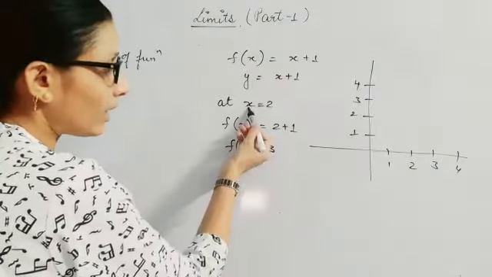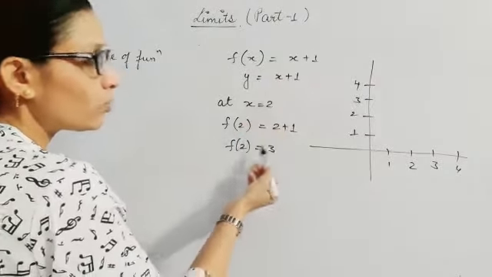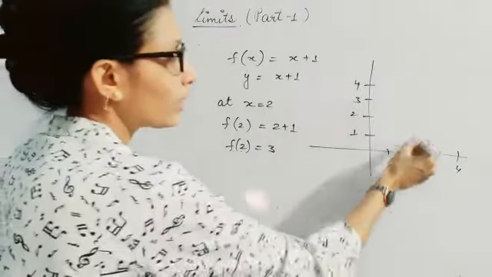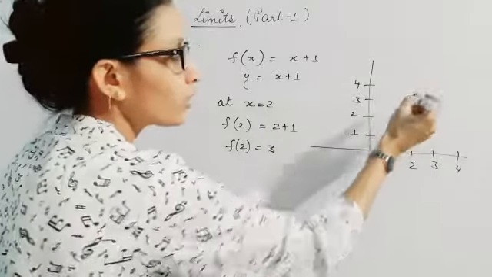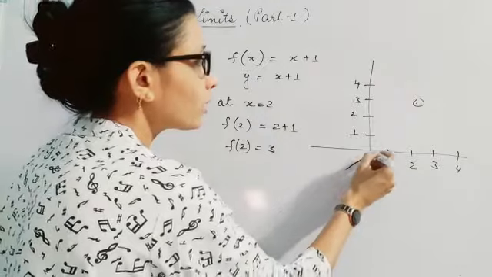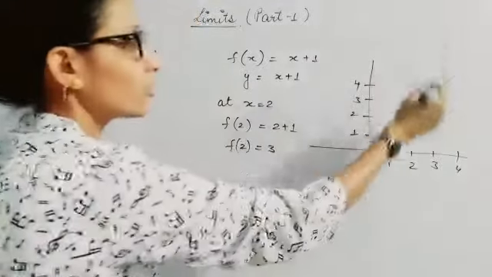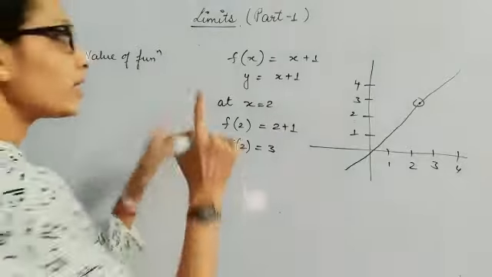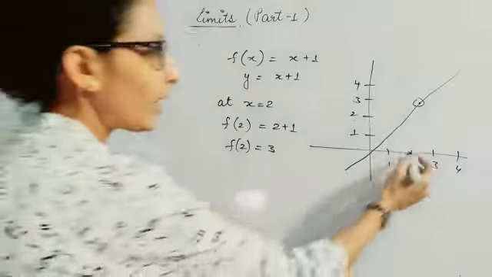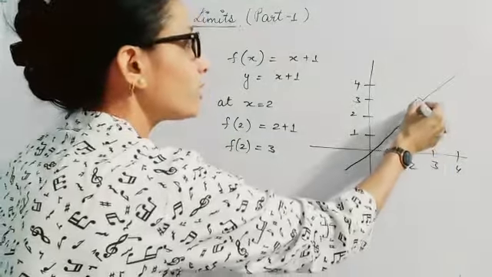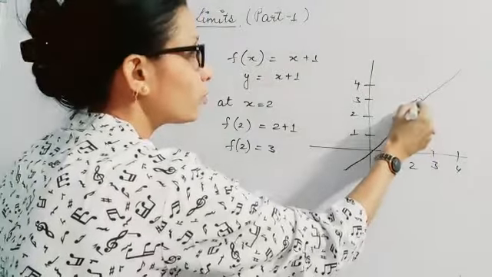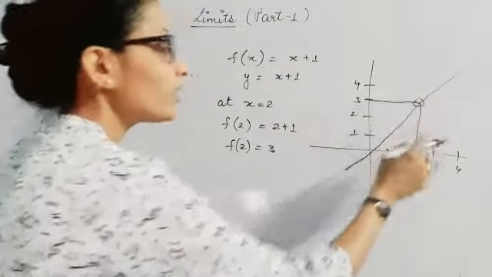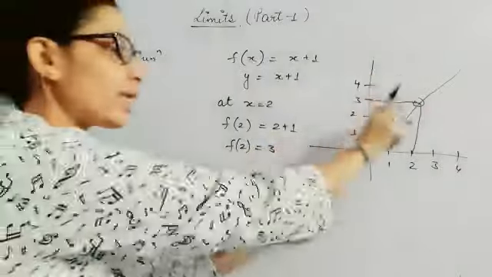That means when x is equal to 2, you are getting y as 3. So this is the point over here. Let's suppose I am drawing the graph like this. That means the value of the function at x = 2 is 3. So here I am getting an exact value.